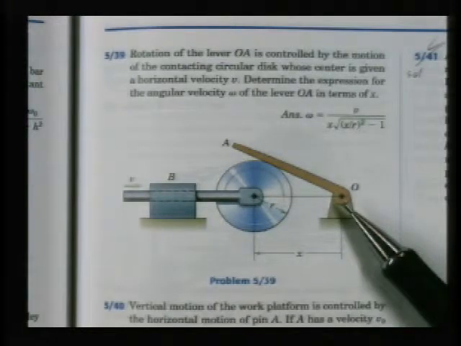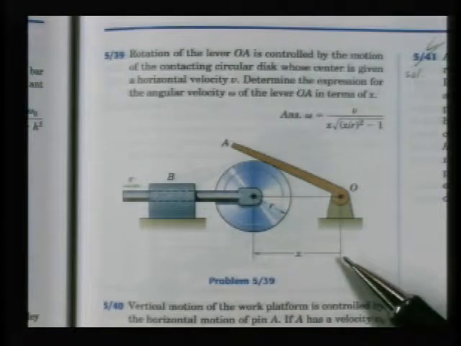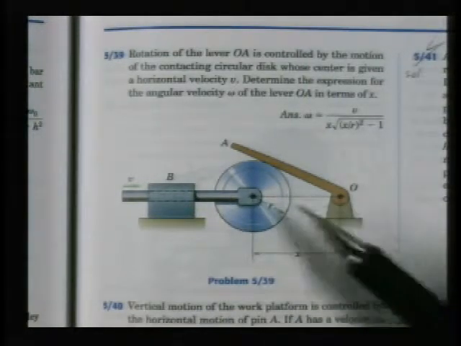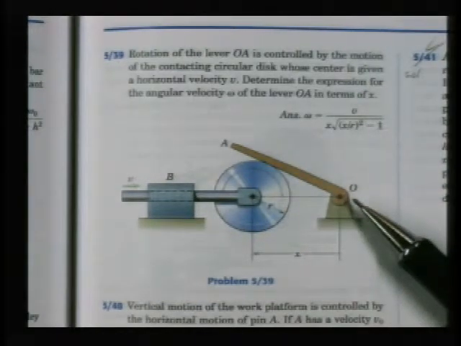Okay, so we have a defined x distance from the right-hand pin O over here to the left, and then we got a radius of this disk, and then we have this arm that rests up against it. So let's draw that on the board.